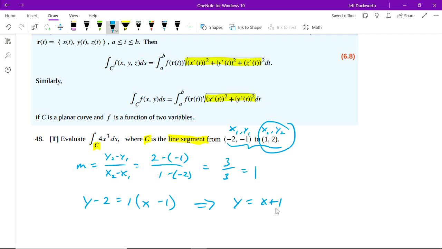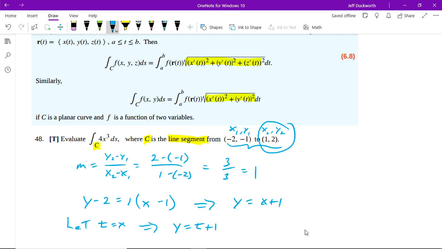All right, so now we need to figure out what the parameter t is going to be. I'm going to suggest we let t equal x. And if I plug in that t for x, that means y equals t plus 1. So we've got those values.